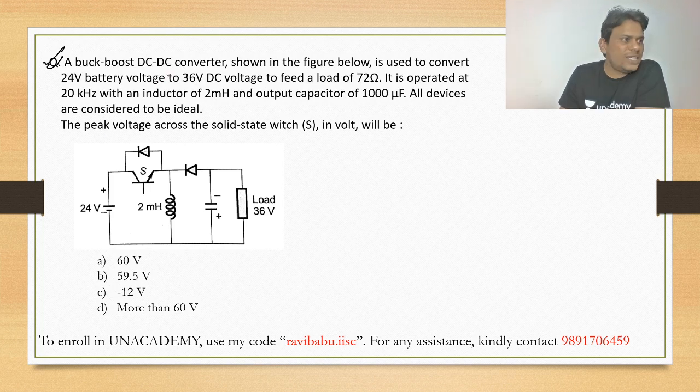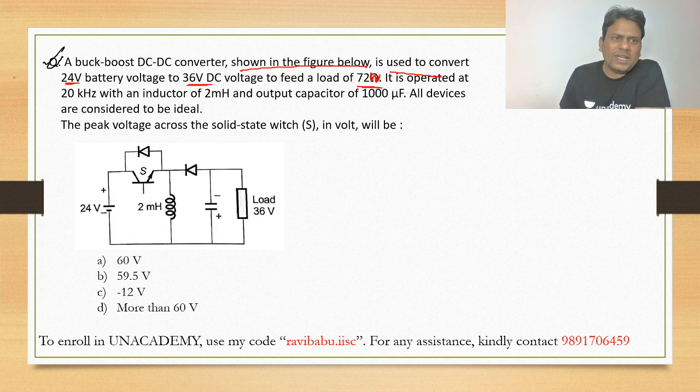A buck boost DC to DC converter, as shown in the figure below, is used to convert a 24 volt battery to 36 volt DC. So 24, 36. The power fed to the load is 72 watt.